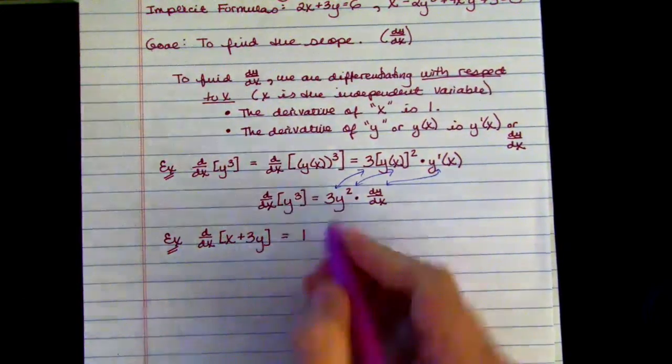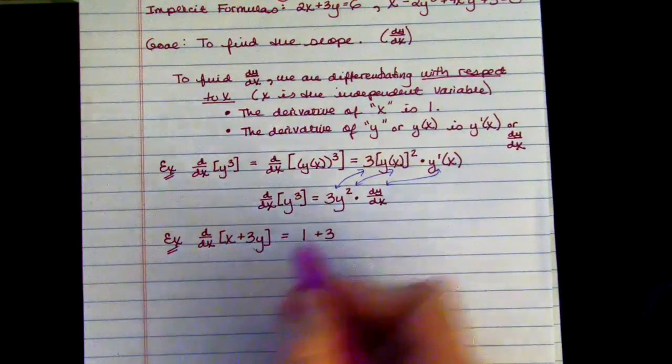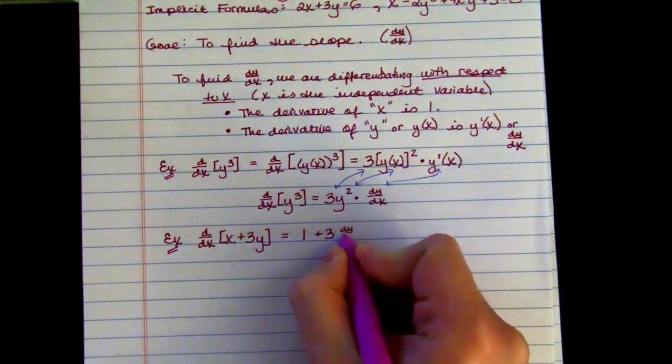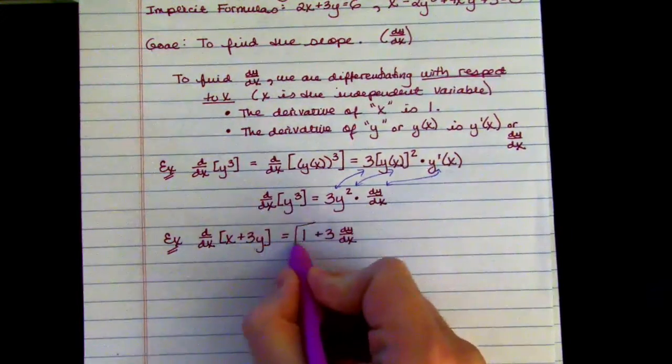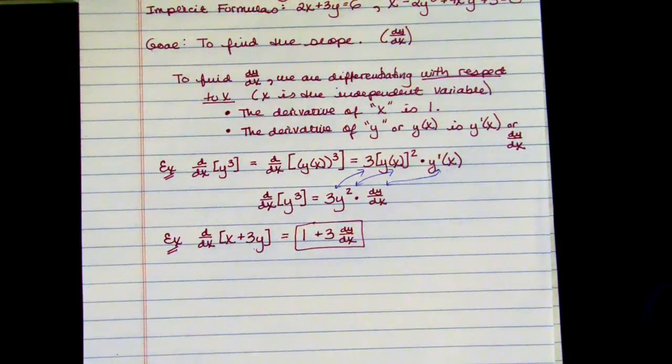The derivative of 3y is plus 3 times the derivative of y, which is dy dx. And there I go. The derivative of x plus 3y is 1 plus 3 dy dx. Really what you need to realize is the derivative of x is 1, the derivative of y is dy dx.